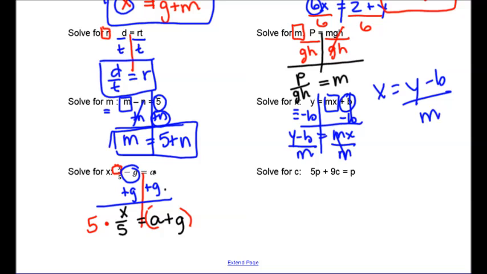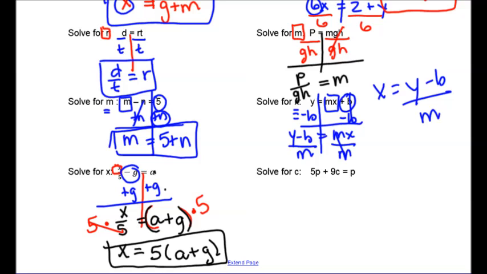We are going to multiply both sides by 5. So it will cancel out over here, leaving us just with x. But now, again, we have to be very careful with how we write our answers. We are in high school now. We should know that when we have something like this, a plus g, and we're dividing it by 5, that 5 can go outside of those parentheses. Okay, so this will be our answer. Miss Barley said divide by 5, but it's multiply by 5. Oh, sorry. Okay, next example.